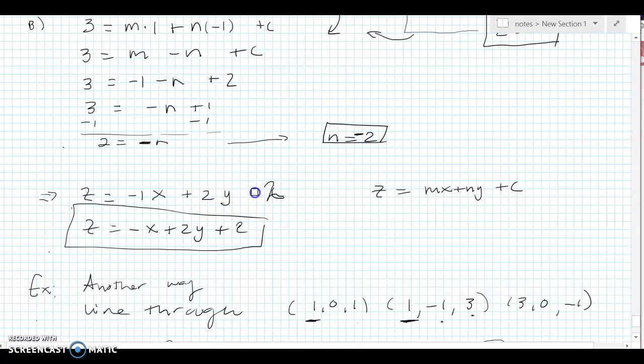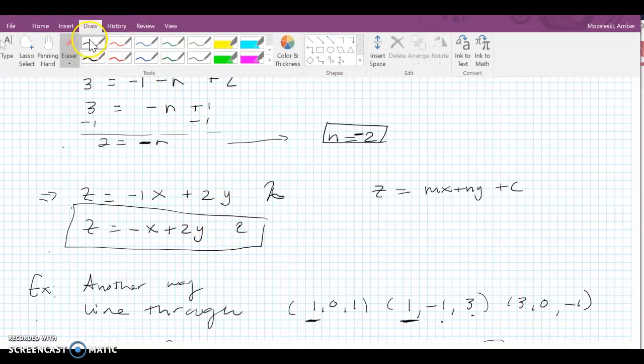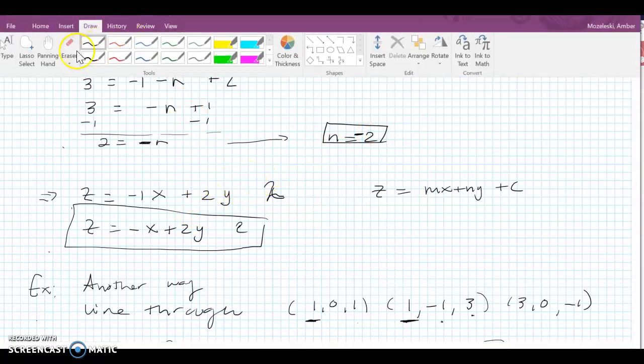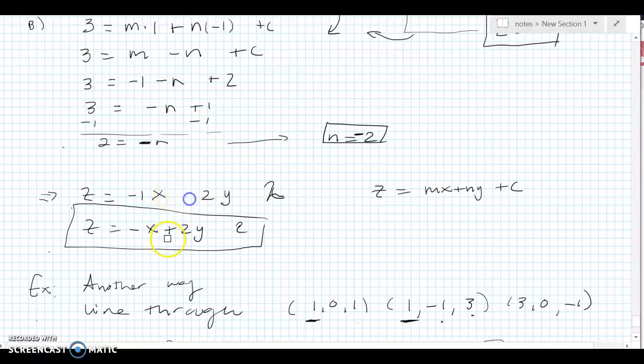Alrighty. There we go. Yep. Minus 2 equals minus n. n equals minus 2. Oh, I erased the wrong one. n is minus 2.